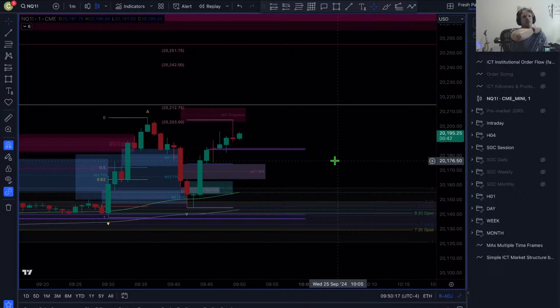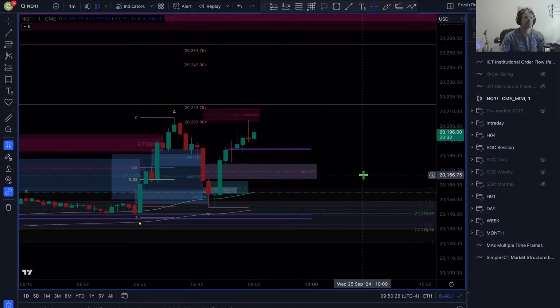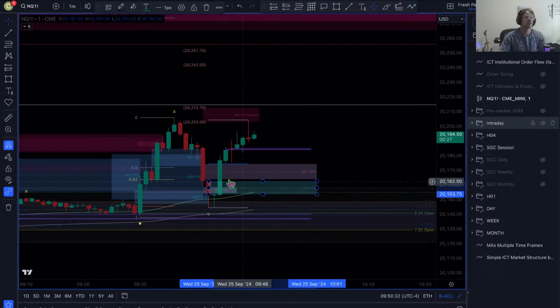So notice you're rejecting that M1 projection right now, which suggests that we come back down. For liquidity, this balanced price range might be the place. Arguably, from the way I've learned, this would be your order block up here, so you could trade from there.